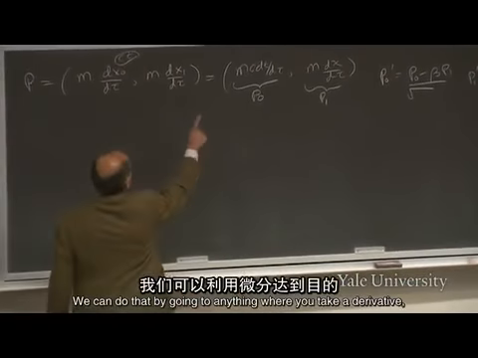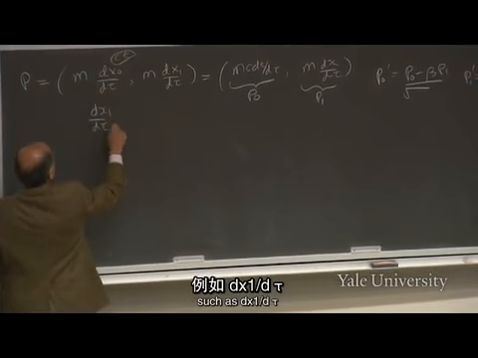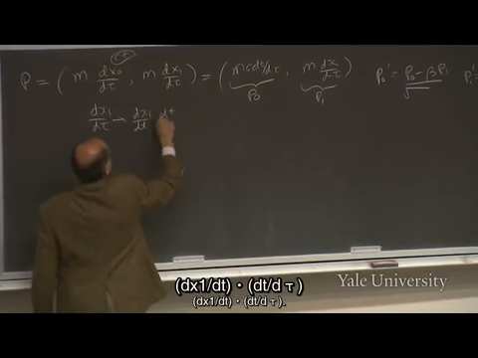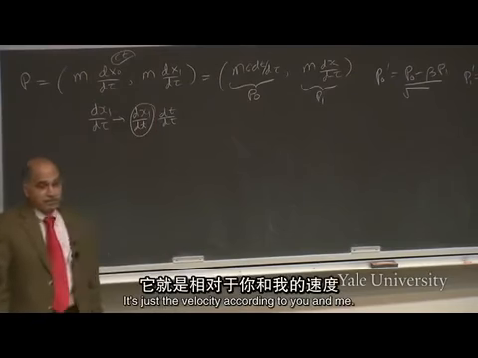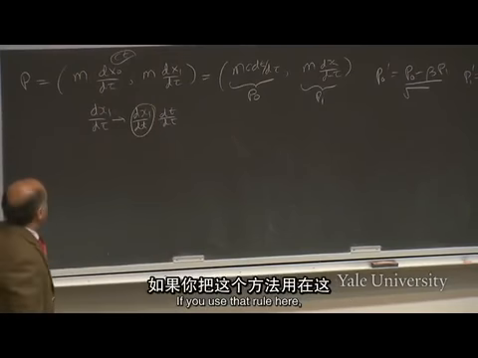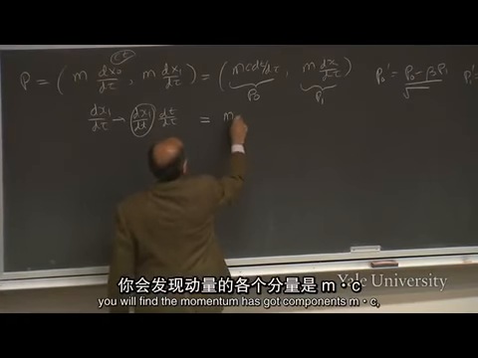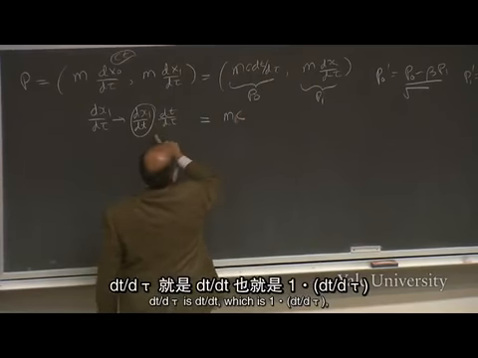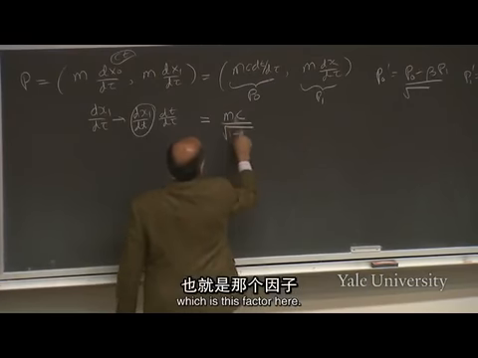We can do that by going to anything where you take a derivative, such as dx1 d tau, and you can write it as dx1 dt times dt d tau. dx1 dt is something we understand. It's just the velocity according to you and me. If you use that rule here, you will find the momentum has components m times c, dt dt, which is 1, times dt divided by d tau, which is this factor here.